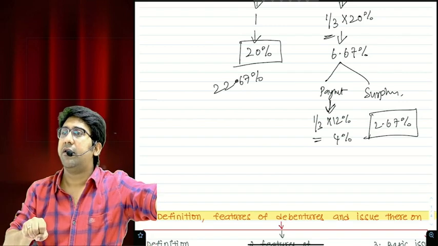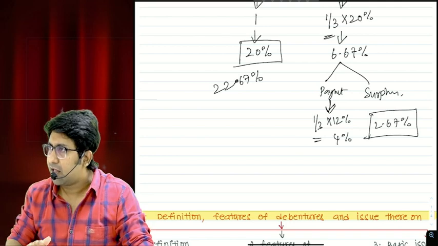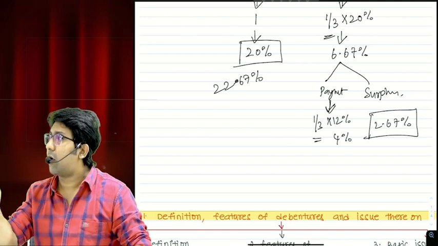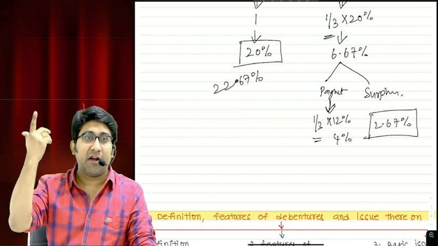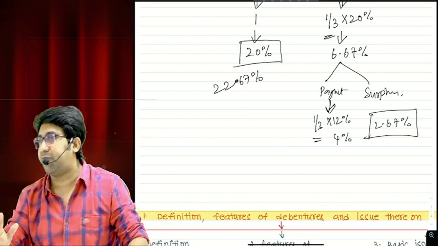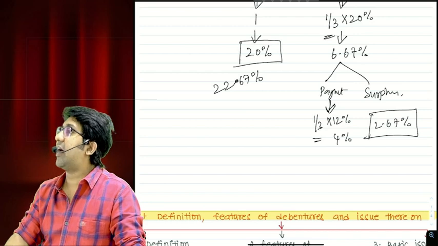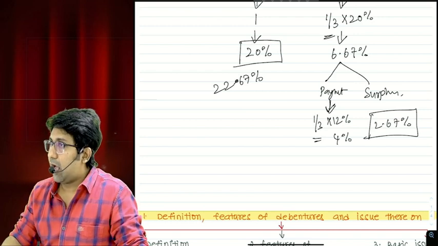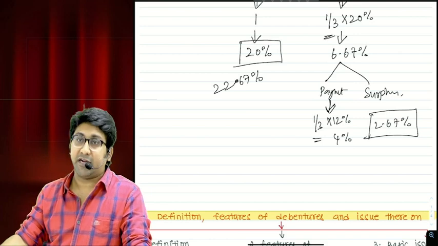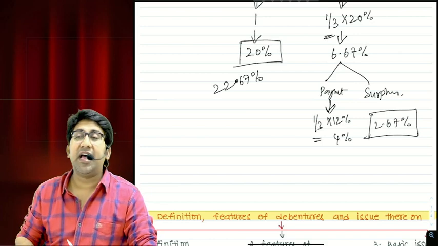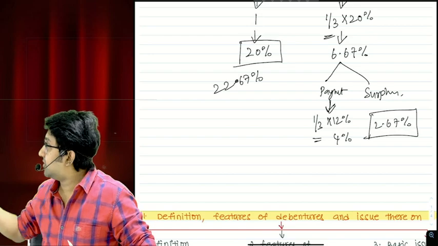This concept is called arbitrage gain. That means suddenly gain will come without putting in any additional effort. These are called arbitrage gains. Arbitrage gains mean taking advantage of the interest rates.